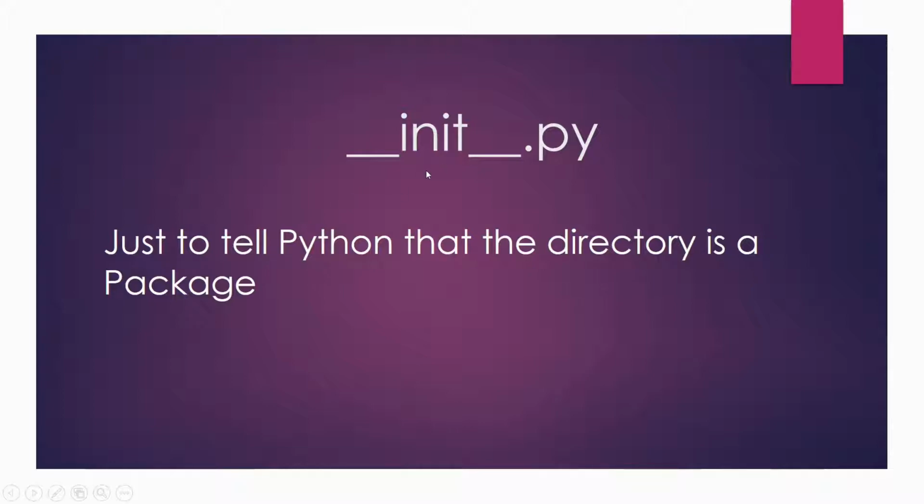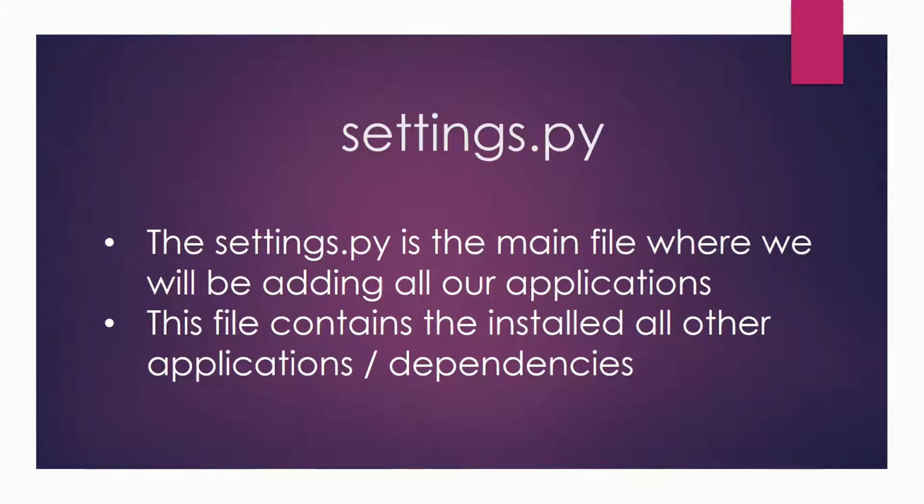It is just an indication to Python that that particular folder is a package. Remember that. Then we are going to work with settings.py. Settings.py is the main file where we will be adding all our applications. The file contains the installed applications and dependencies, basically.